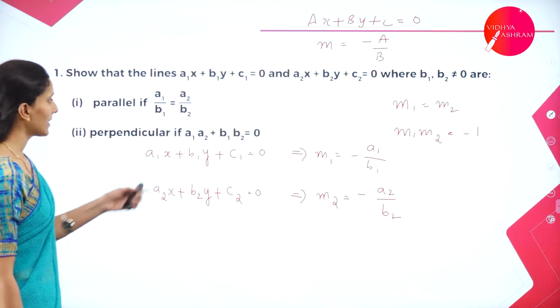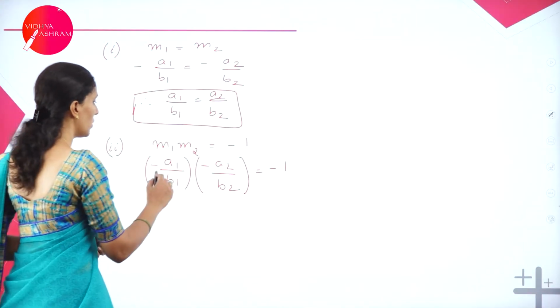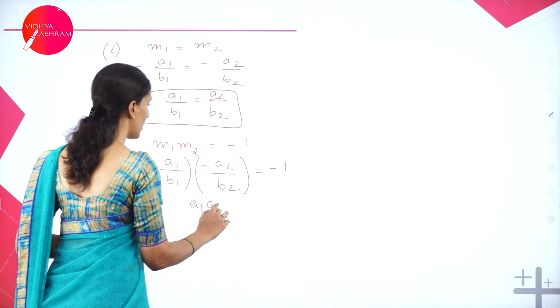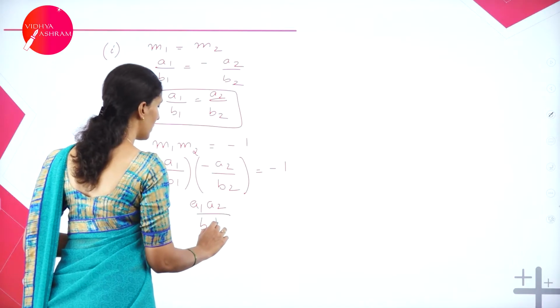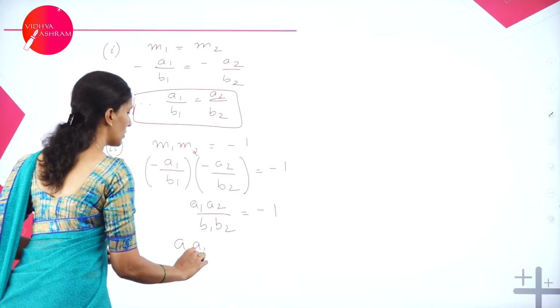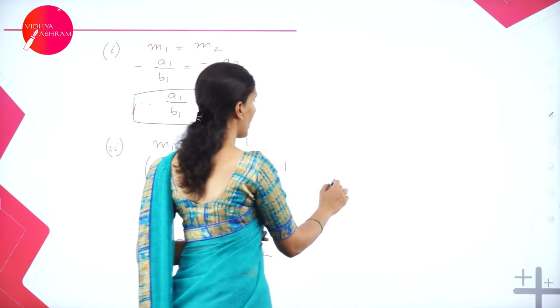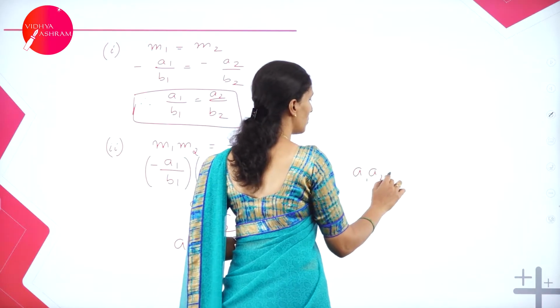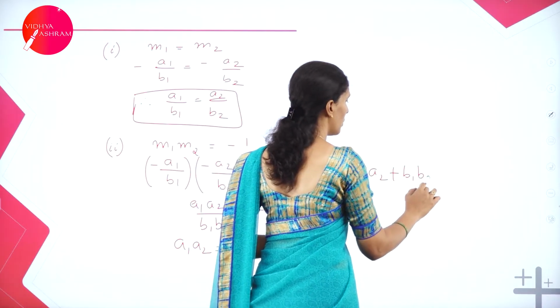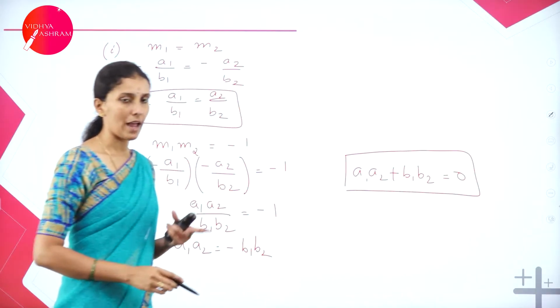So what I'll get here? I need to get a1 a2 plus b1 b2 is equal to 0. So this is a1 a2 by b1 b2 is equal to minus 1, or a1 a2 is equal to minus b1 b2, or I can write a1 a2 plus b1 b2 is equal to 0. So this is the required condition which we have to prove.